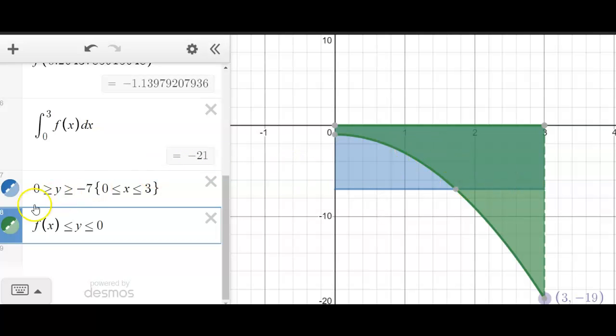So anyway, that's the visual interpretation of what we mean by the average value of a function. So y equals negative 7 in this case is the average value of this thing. And so that means I could make a rectangle at negative 7 over the exact same interval, and it would give me the same exact area.